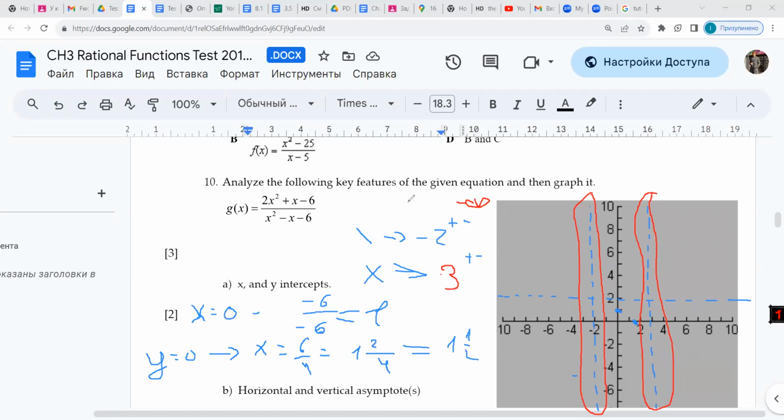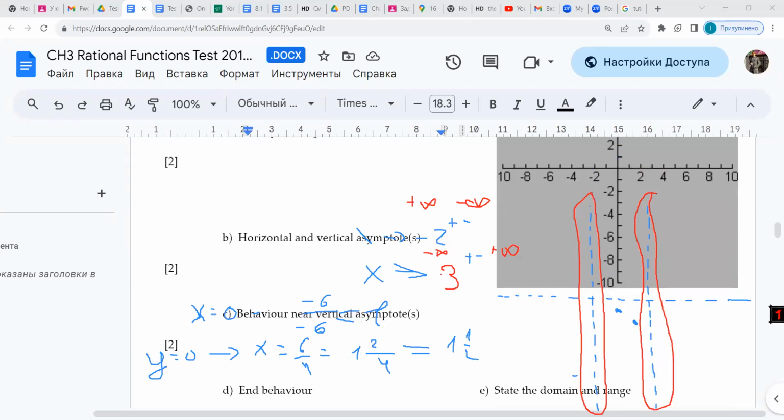To the left hand side, it is supposed to be positive infinity. And for 3, from the left hand side, it's going to be negative infinity, and from the right hand side, it would be positive infinity. You can do these calculations on your own so we don't waste time and check this result.